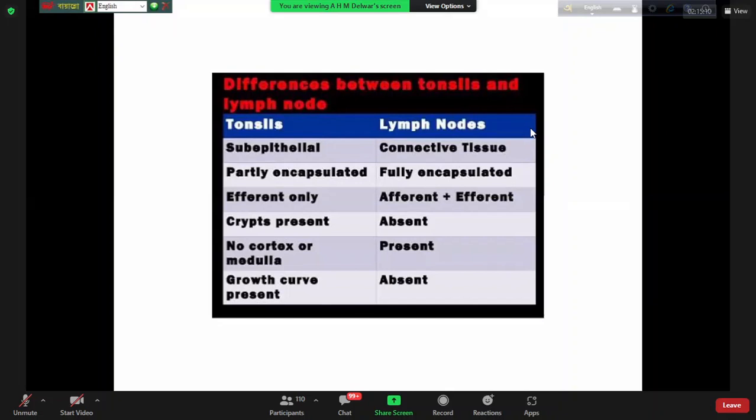But tonsil is a large mass of lymphoid tissue. Tonsil is partly encapsulated, the medial surface is not encapsulated, but a lymph node is fully encapsulated.